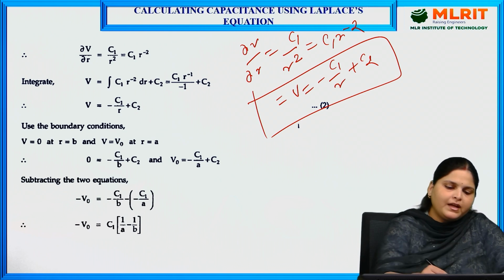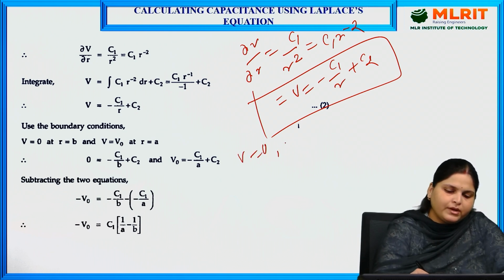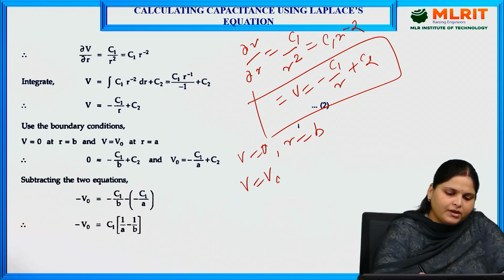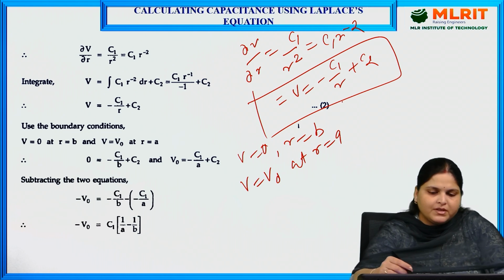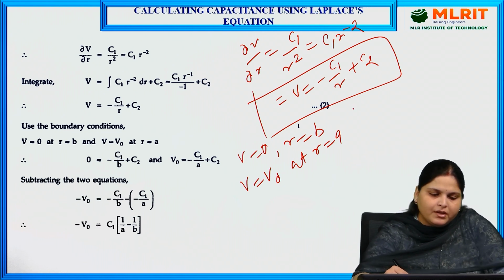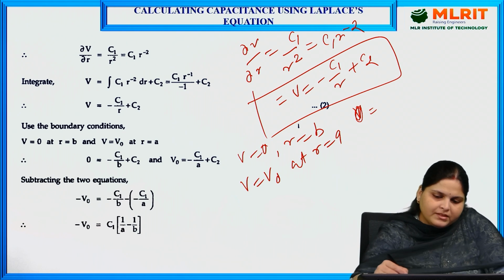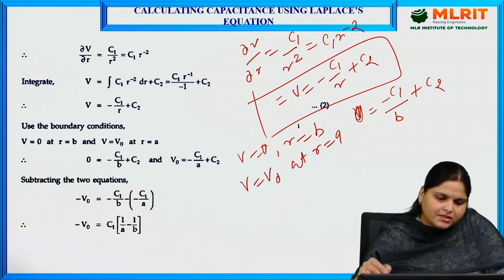Here we need to use the boundary values: V equals 0 at R equals B and V equals V naught at R equals A. One by one, let us put the first value here: 0 equals minus C1 upon B plus C2.